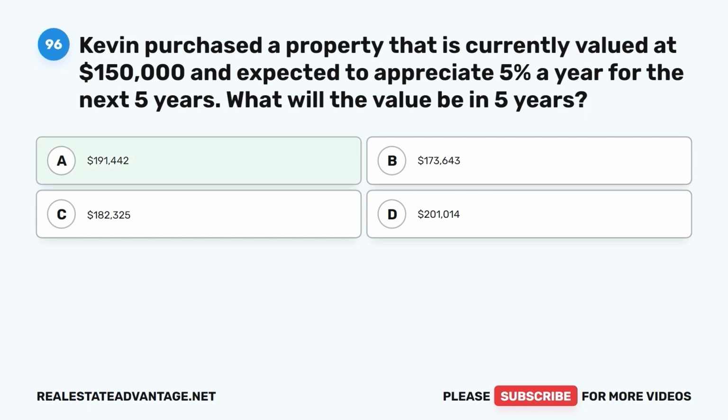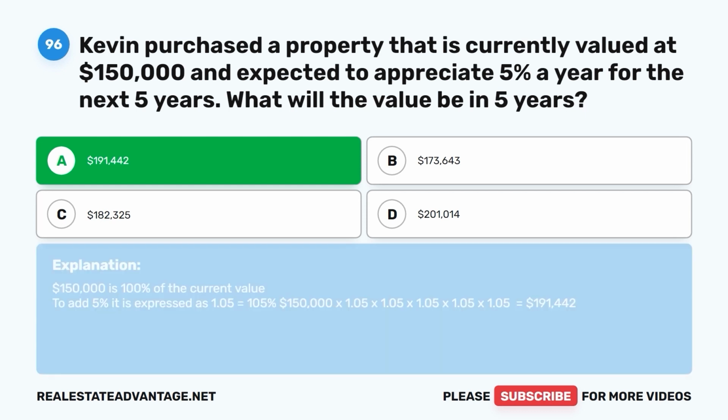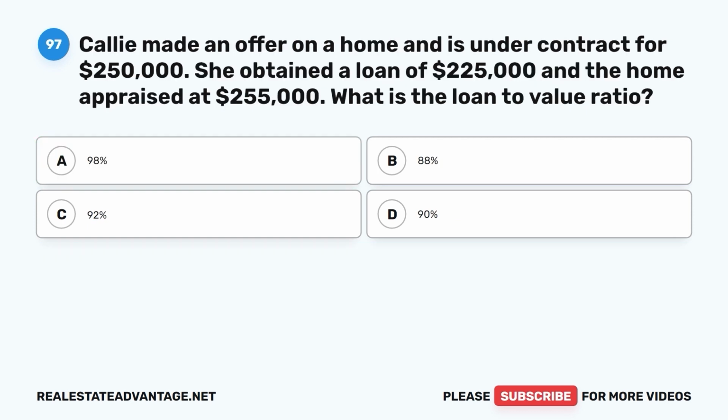The correct answer is A. $191,442. $150,000 is 100% of the current value. To add 5%, it is expressed as 1.05, equals 105%. $150,000 times 1.05 five times equals $191,442.